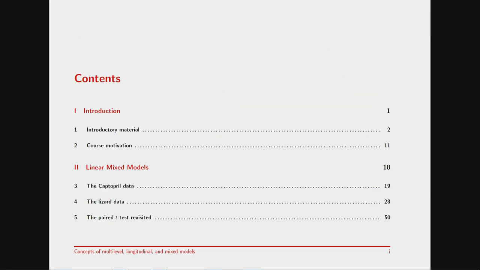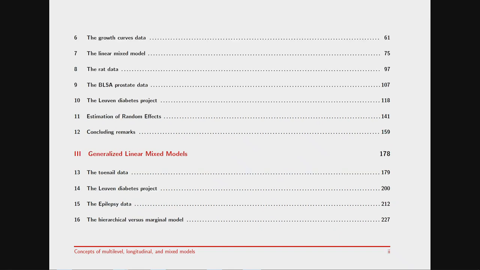Now, this part 2 says linear mixed models, and that means the context will be a little bit similar to what you know from linear regression or analysis of variance. So we will typically have a continuous outcome that we will have to analyze. That's a big part here. If you look at the number of pages, it goes all the way to page 178, so that's a big part of this course.